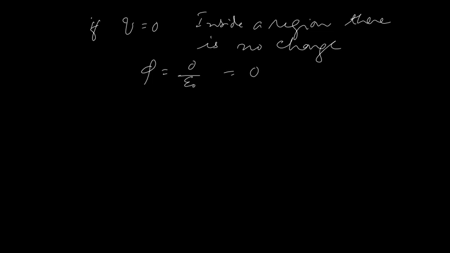So if phi is equal to 0, then there is no electric field. Obviously, right? If there is no q, there is no phi and there is no electric field. So I think there are 4 or 5 observations based on this Gauss law.